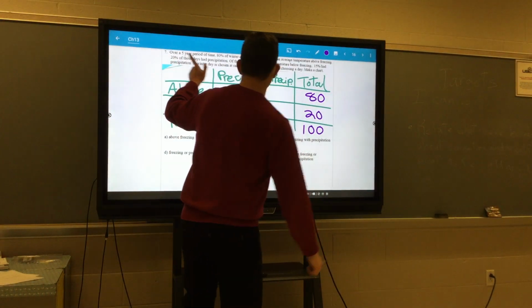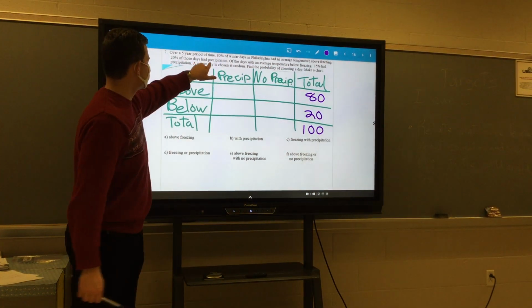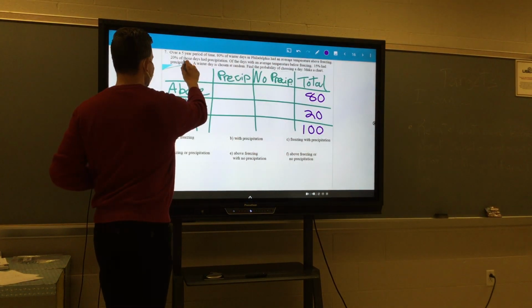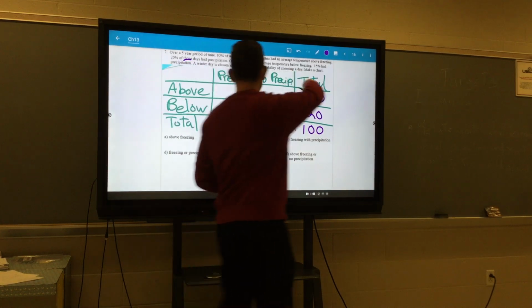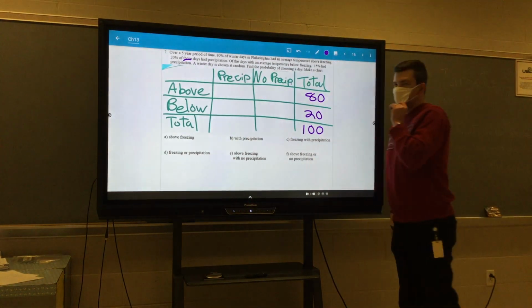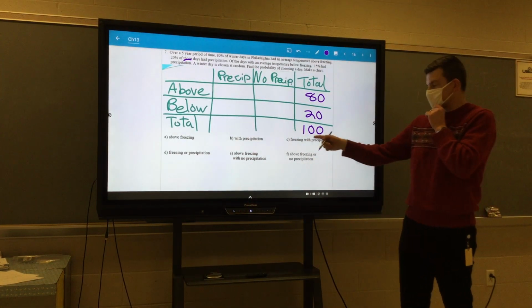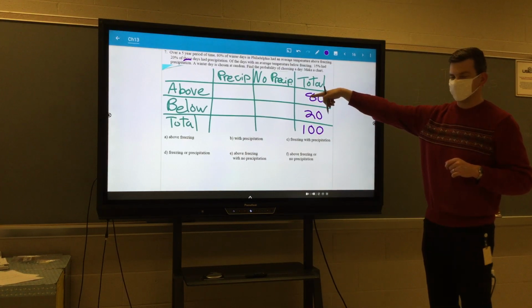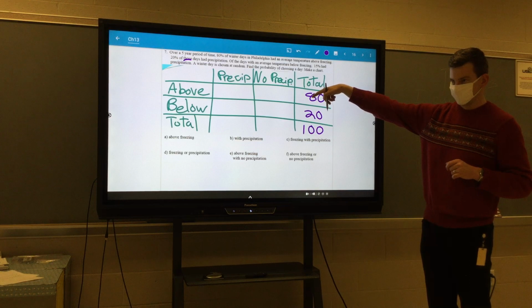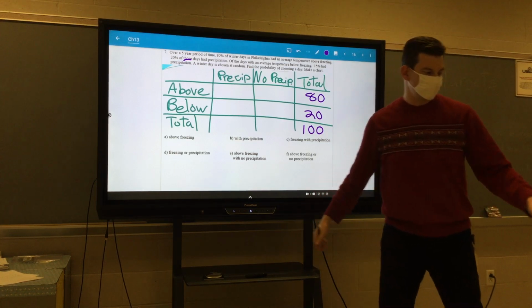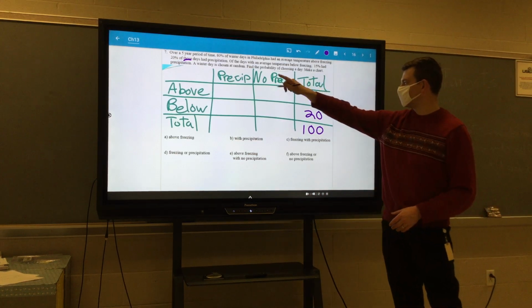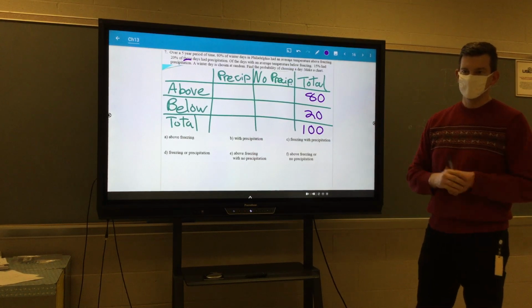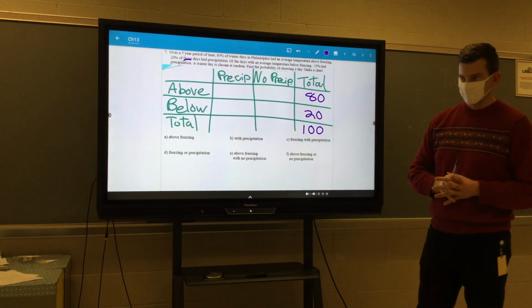Now this is where we need to be careful. 20% of those days, implying these days above freezing, means we don't want 20% of 100, we want 20% of the 80 days above freezing. Now, there's no shame if you want to go to your calculator and do 0.2 times 80, get your answer, that's fine.